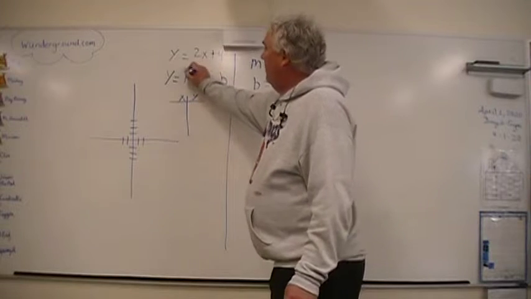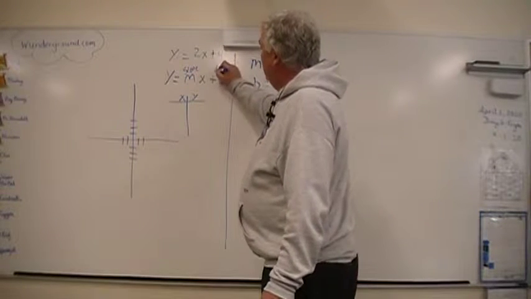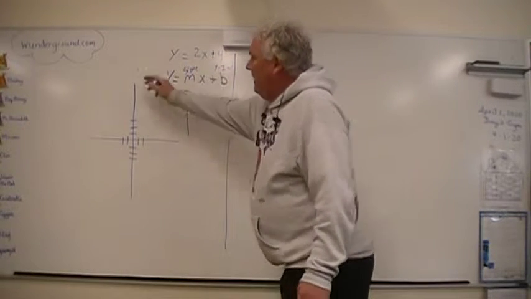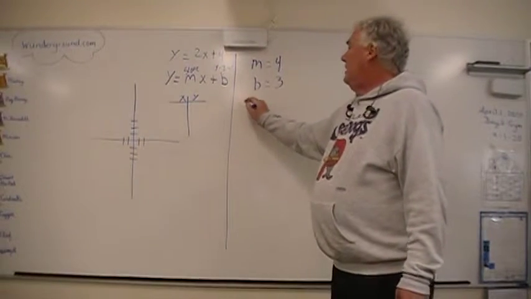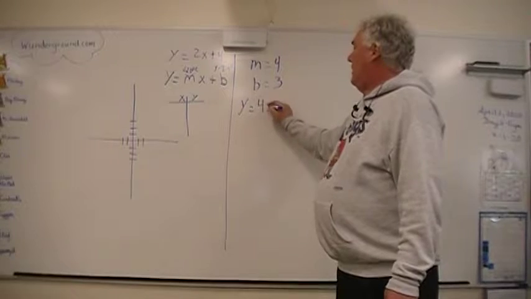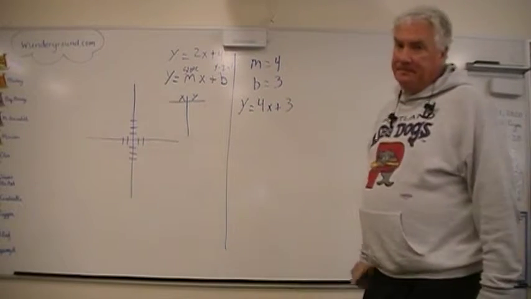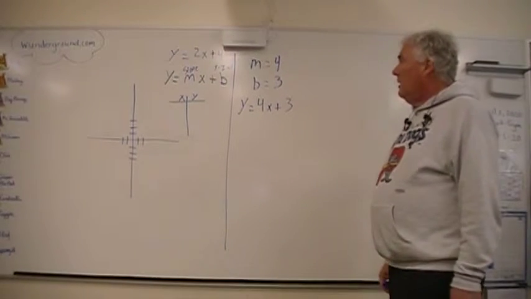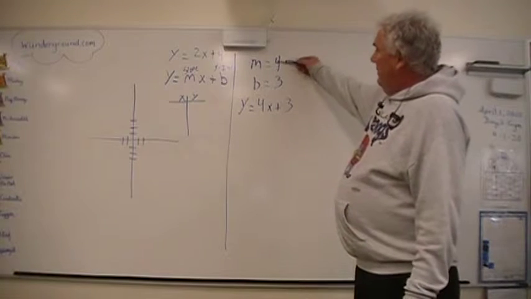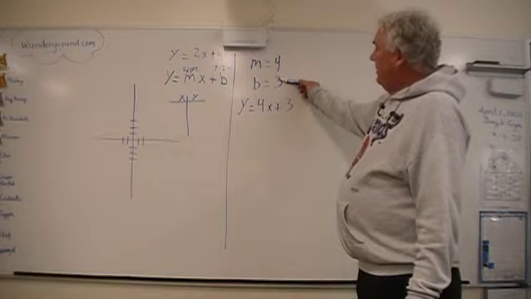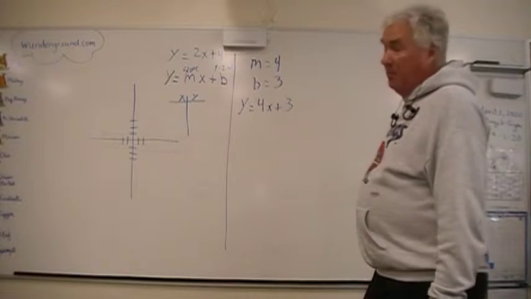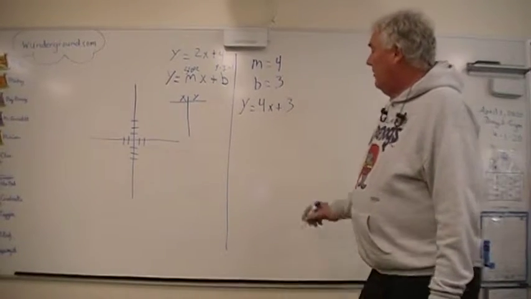M is the slope, b is the y-intercept, where it crosses the y-axis. So if m is 4 and b is 3, y equals 4x plus 3. Substituting the 4 in for the m, which is the slope, and substituting 3 in for the b, which is the y-intercept.